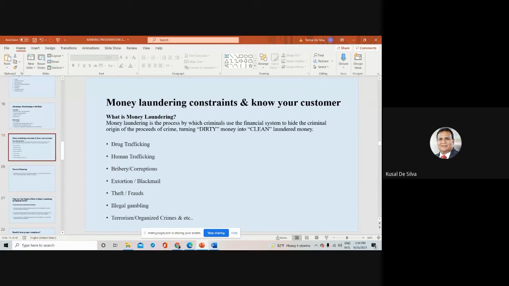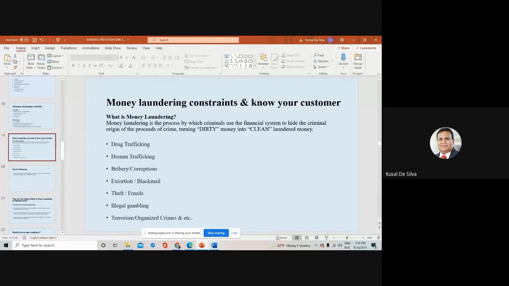So they take money from these people and let them move to different territories of other countries. Then bribery and corruption. This is a very important area. A lot of people demand money. They do all illegal things, and they make money. Then extortion and blackmail. A lot of people make money out of that as well.